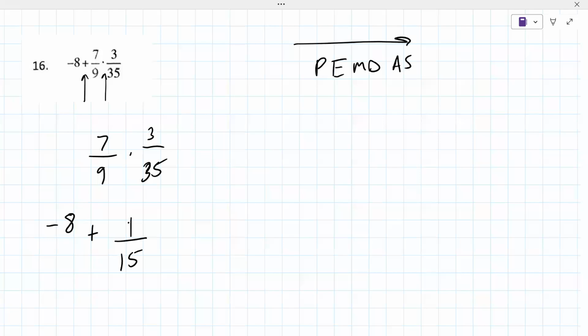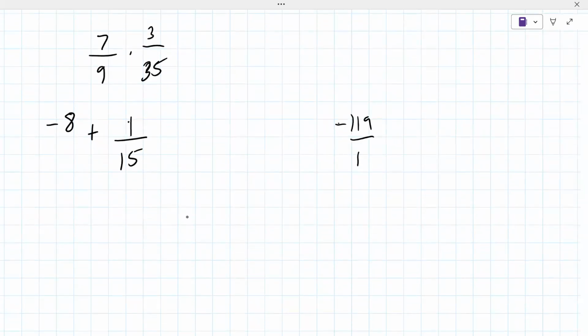So then that would be -119/15. This is an example of one where it might be better to write it as a mixed number. But yours is correct. These are the same.